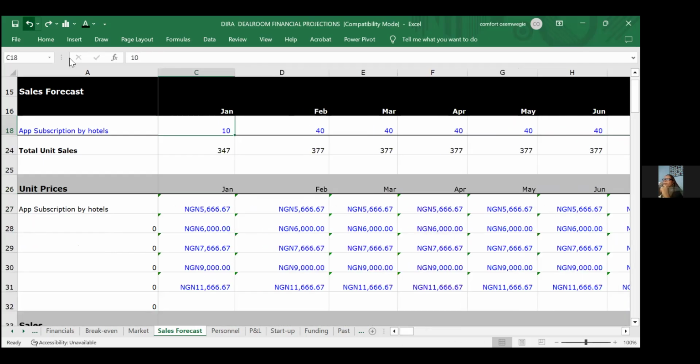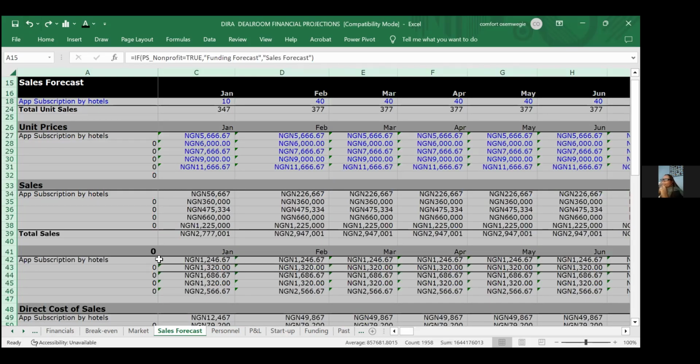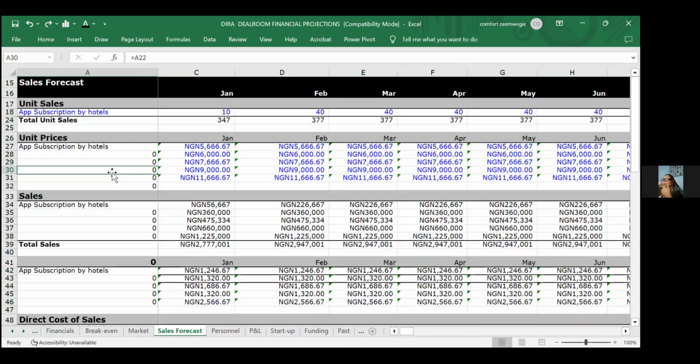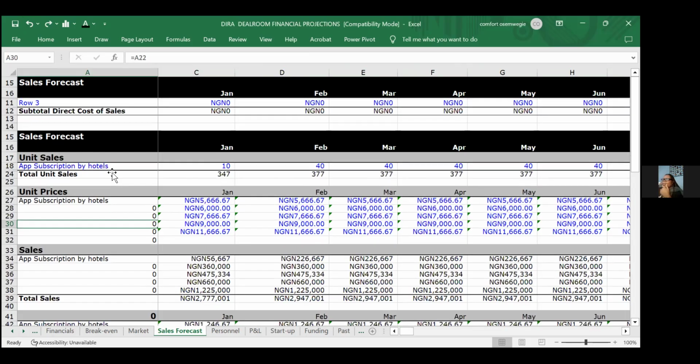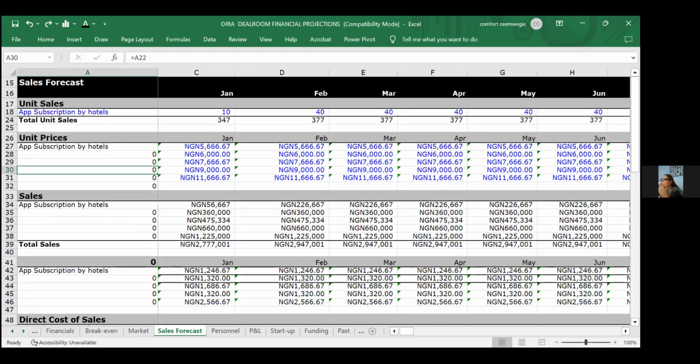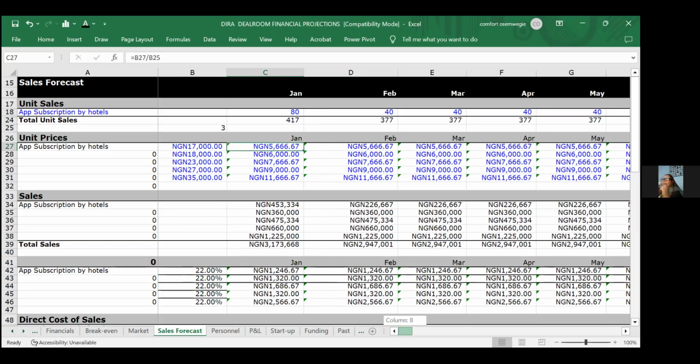So I'm going to stop sharing. Okay, back. App subscription, it's supposed to give me the unit price. Let's see where I did something wrong there.